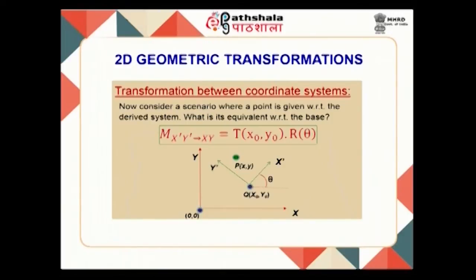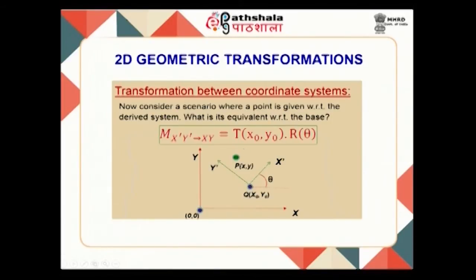Here it is a positive rotation because we want to align the base system with the derived system. So, R of theta multiplied with translation T of x naught, y naught. When you multiply these two, what you get is a composite matrix from the x dashed y dashed system to the xy system. You can try a simple problem, take a position and try both scenarios, and you would understand that better.